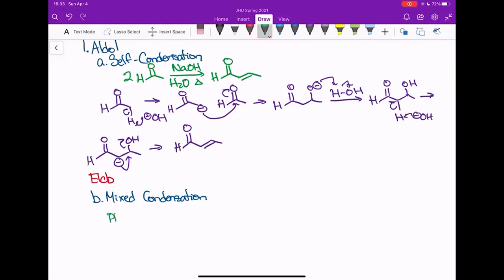So for example, we could have this molecule and we're trying to combine it with a slightly different molecule. In this case, since we want to push it all to our product, we're going to use a stronger base, so LDA. And then we will have our product that looks like this.